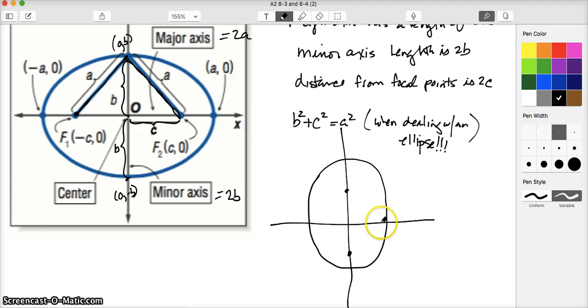And so it gets a little bit confusing. But again, the major axis length is still going to be considered A, except now it's going to be along the y-axis or parallel to the y-axis if we move it around. And the minor axis length is still going to be B, or 2B rather. And then the distance from the center of the ellipse to the focal point is going to be C, okay?